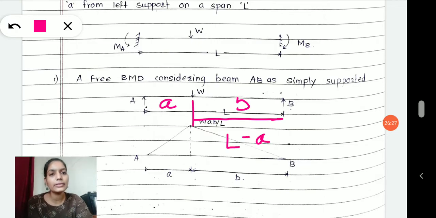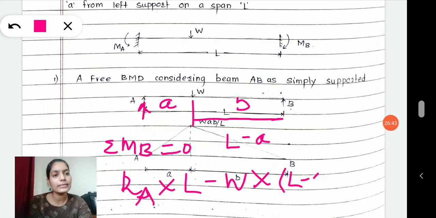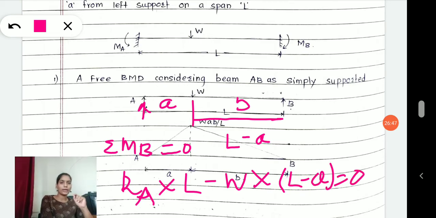And what will be the summation of moment at B equals to 0? How will I write it? Reaction at A, RA into the horizontal distance L, minus W into L minus A equals to 0. If you solve it for RA, let's solve it.